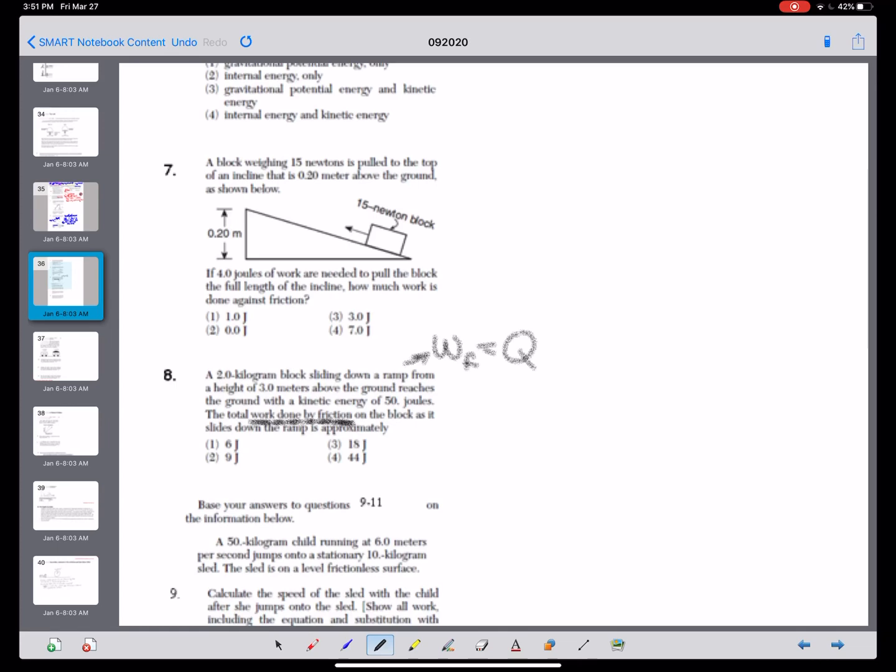It's a box sliding down a ramp. So we have our ramp. I'll build my ramp here. Here's our ramp. A 2 kilogram block. So up here it's 2 kilograms. Height of 3 meters above the ground. So we got 3 meters.